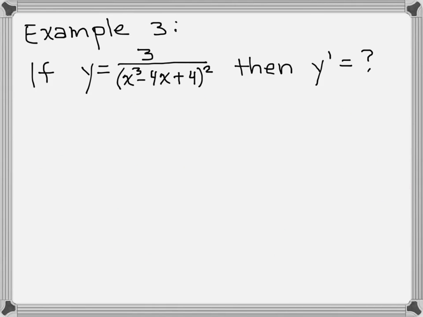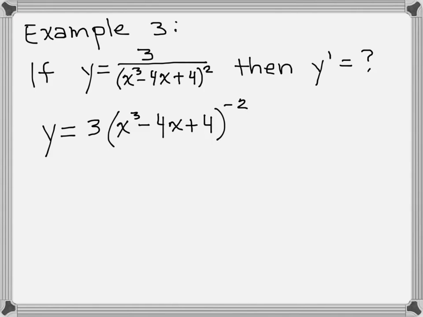Another example. Here it looks like we might have a composition of, does it look like 2 or 3 functions to you? Okay, well it is actually 2 functions. If we write it as 3 times something to the -2, then our outermost function is that, and our innermost function is the polynomial.